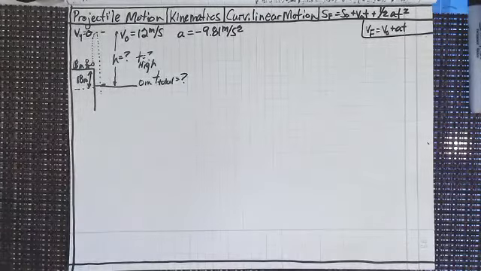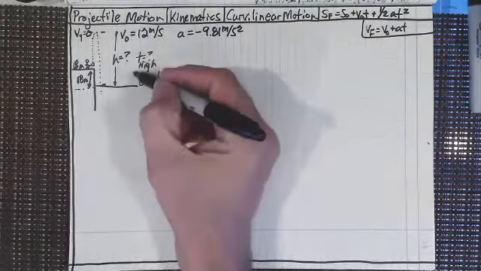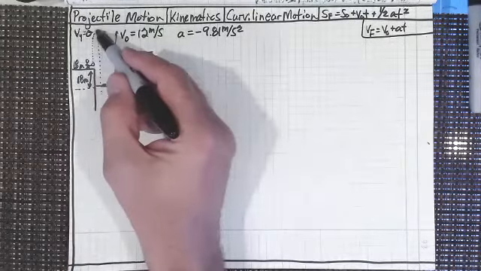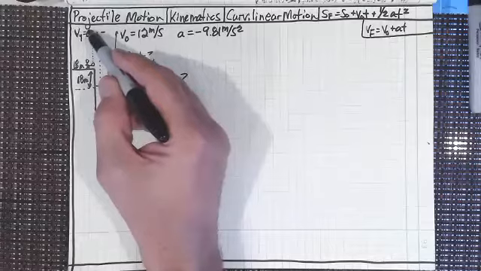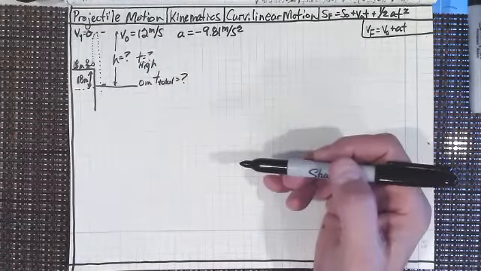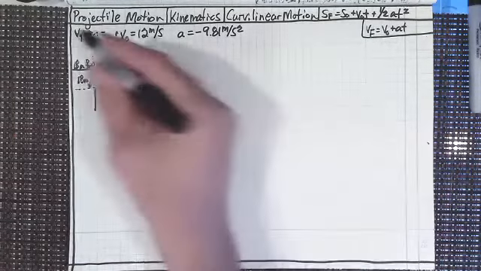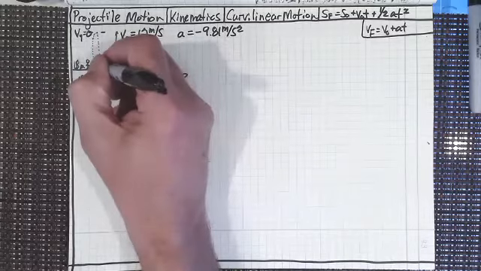So we've got those two equations, and then of course we've got that third equation, but let's not even worry about that right now. Okay, so we know a couple things. We know that the final velocity in the y direction is going to be 0, right? So we can figure out how long it is going to take to go from here to here.